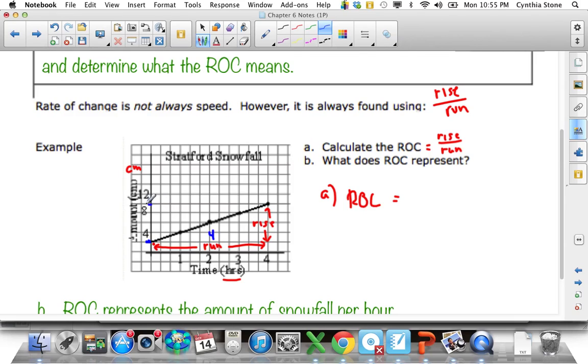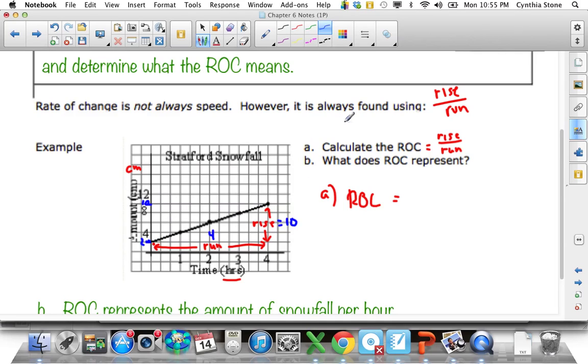So this point is 10. So it starts here at 2. These are sort of hard to read because they don't give you the numbers exactly, but 2, and it goes up to 10. So the rise is 10. You just see how far it goes up. Starting at 2, ending at 10.